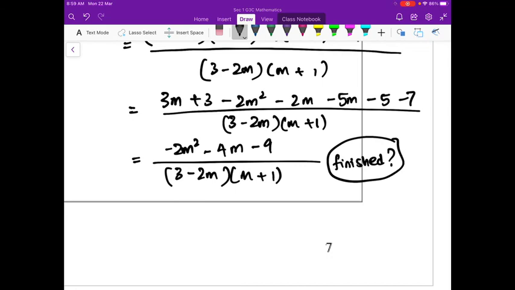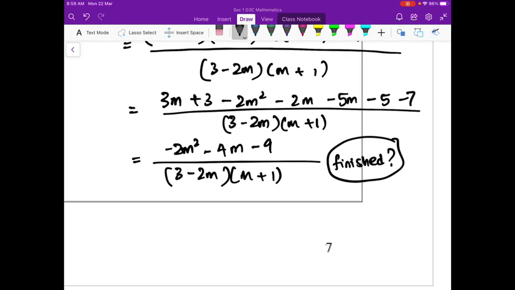Okay, I'll leave you with another question. Is this finished? Do you think this is the final answer? If this is not the final answer, what could it be?